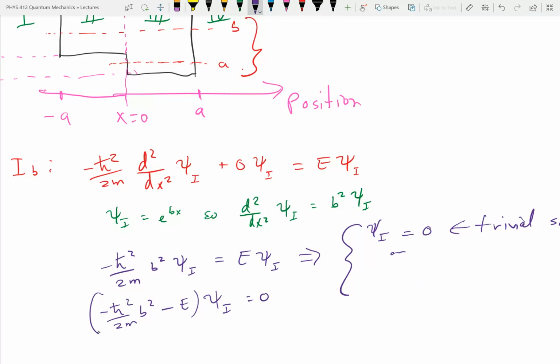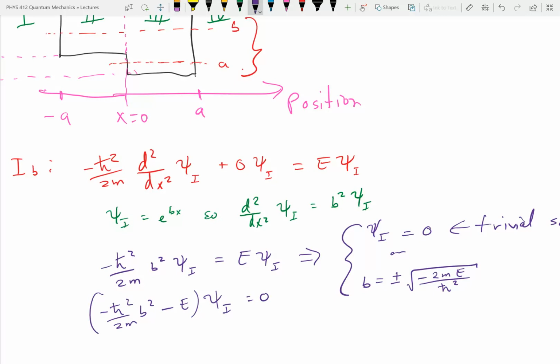Okay, so that would solve for b is equal to plus or minus the square root of 2me over h squared. Why is there a minus sign inside there?